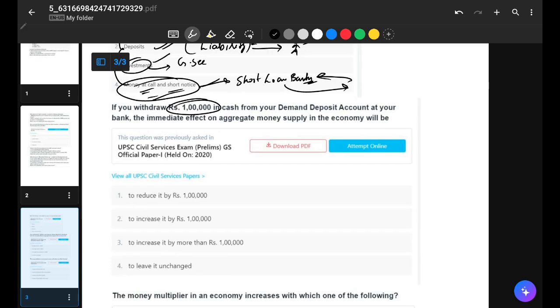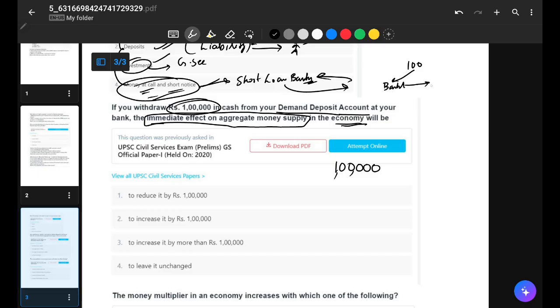Next question, if you withdraw 1 lakh rupees in cash from your demand deposit account at your bank, the immediate effect on the fiat money supply in the economy will be? What is the answer? Now here the initial amount is 1 lakh, no? So we saw in that money supply example, 100 rupees was deposited and the borrower took it, put it in bank 1, and then another borrower took it, put it in bank 2, like that kept happening, no?